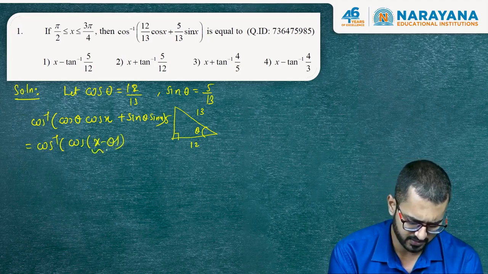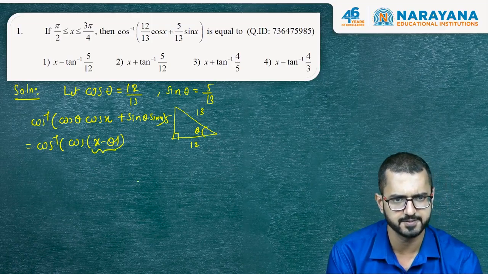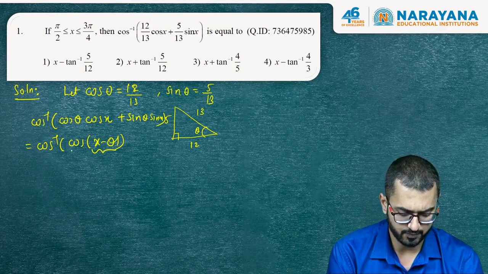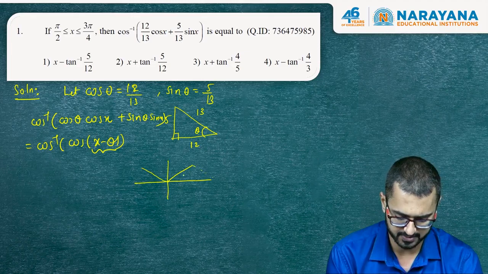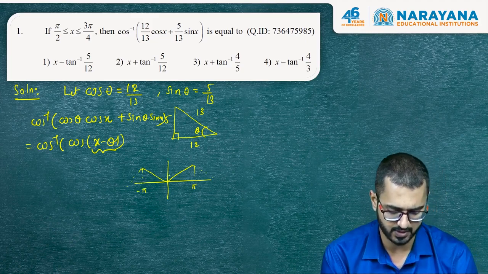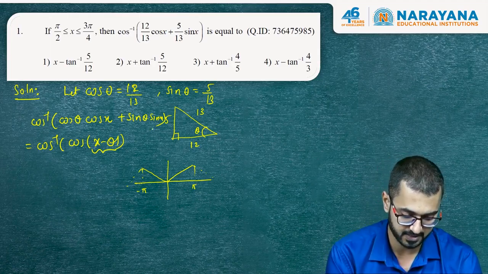So I just need to see where my x minus theta is lying, because we are taking it out from cos inverse of cos. If you draw the graph of cos inverse of cos, it goes this way. Now this is my pi, and this is minus pi. So I want to see whether this lies on the left or to the right. For this, we'll just see where x minus theta is.